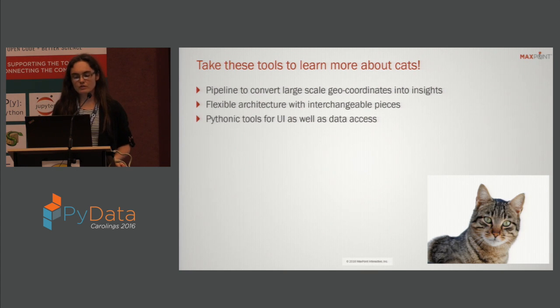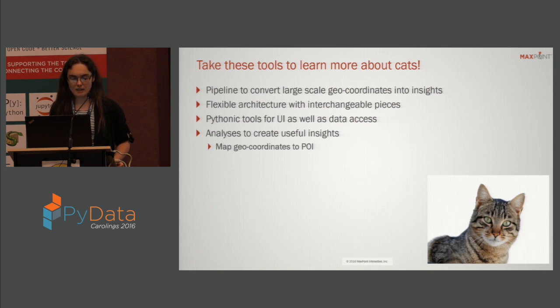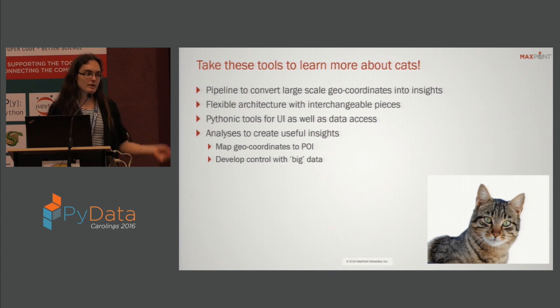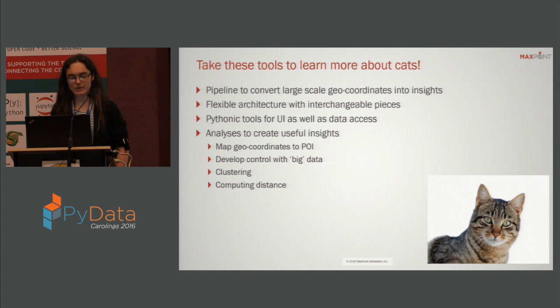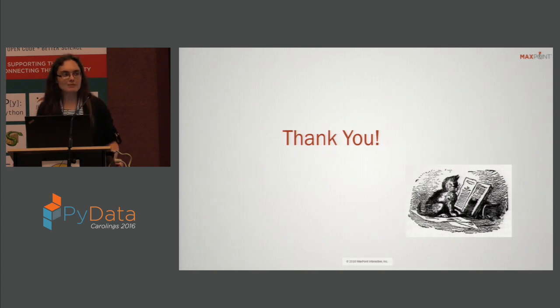And Pythonic tools for UIs and data access, analyses to create useful insights, such as mapping geocoordinates to POIs, and dealing with big data with hashing, as well as clustering with k-means, and computing distance algorithms. So thank you for your time. We can take any questions now.